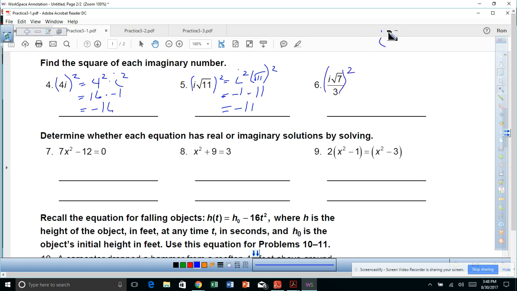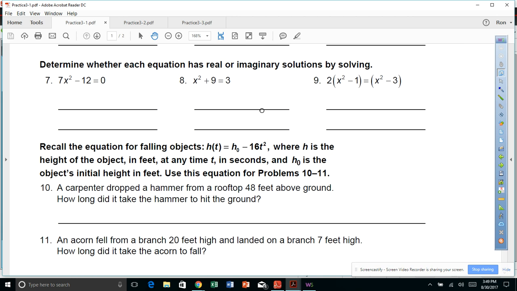That's going to give us i squared times the square root of 7 squared over 3 squared. Well, i squared is negative 1 times 7 over 9, and that will equal negative 7 ninths. Not a problem.